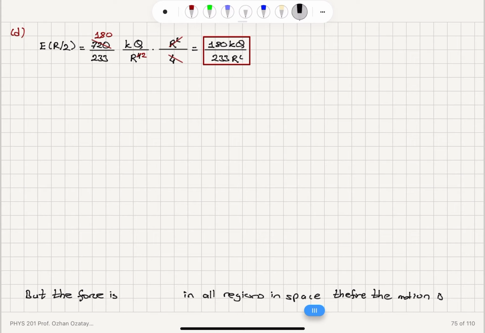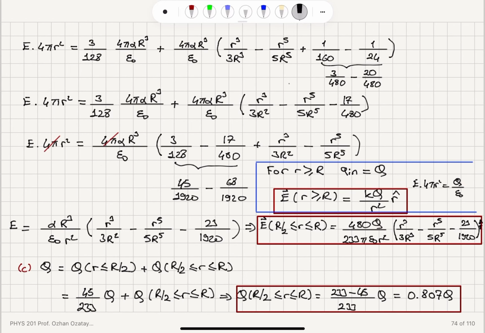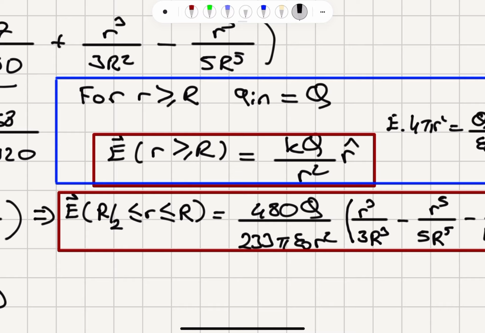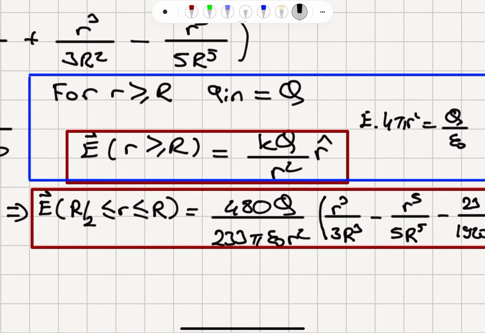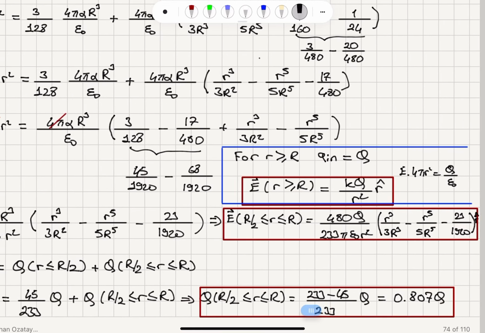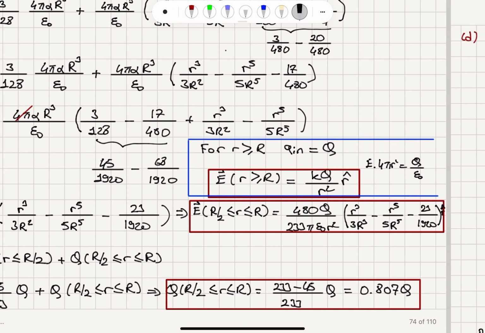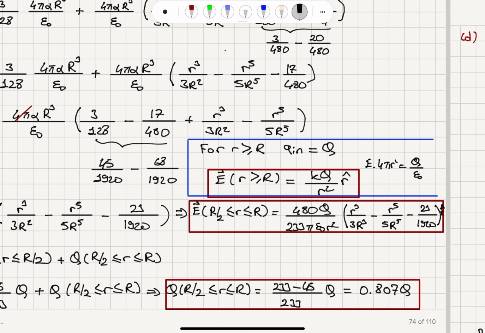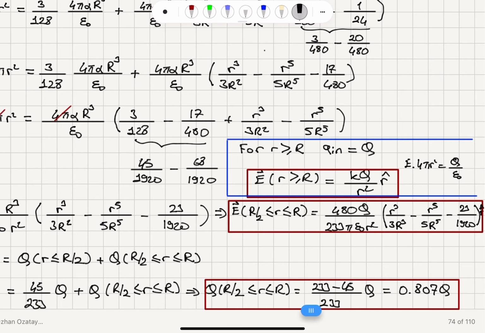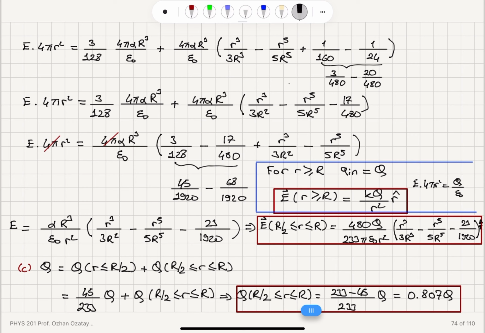There's another way: I can use the electric field I have calculated for the second region, that is this electric field, 480Q over 233 pi epsilon 0 R squared.